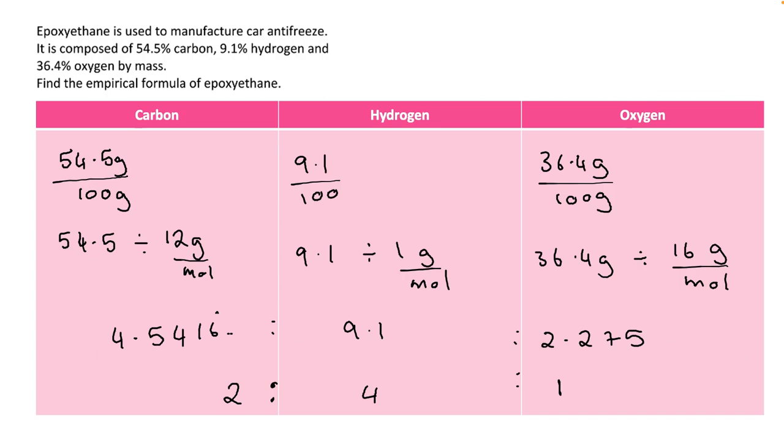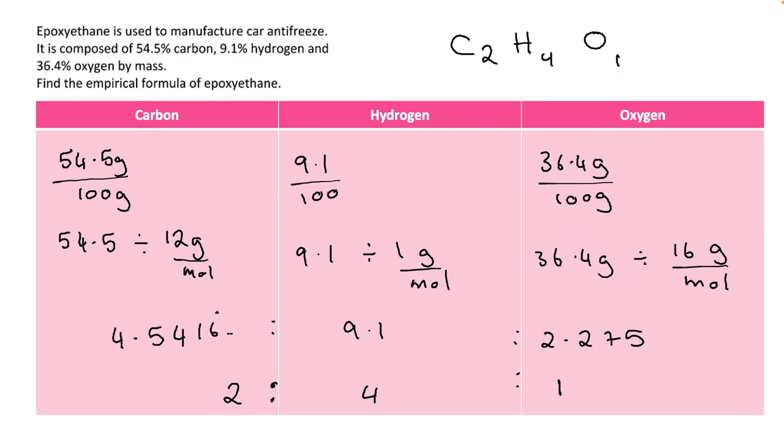These listed together are the simplest whole number ratio of each of the atoms together. How do I put that together into the empirical formula? So we listed carbon, hydrogen, oxygen as it was provided in the list, and then it's 2 carbons is to 4 hydrogens is to 1 oxygen.